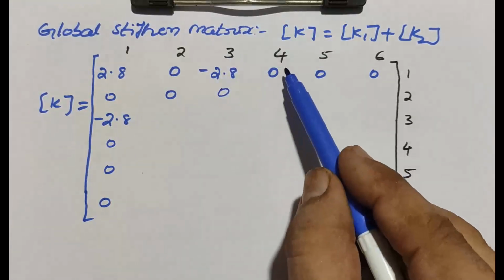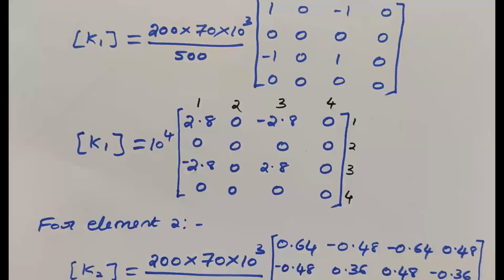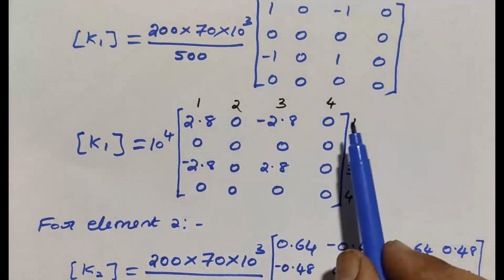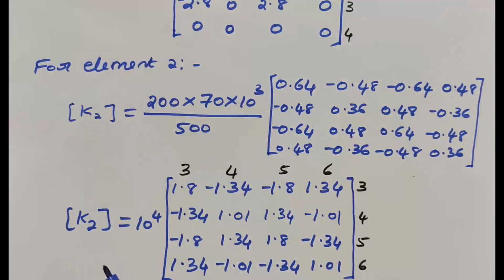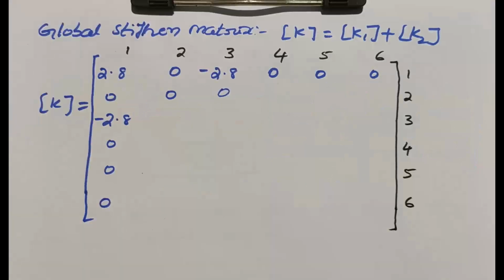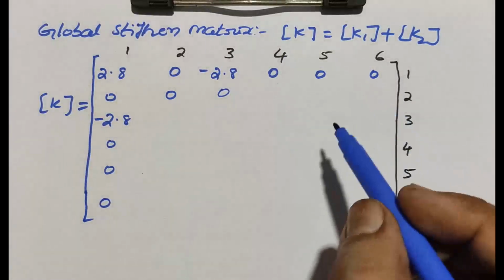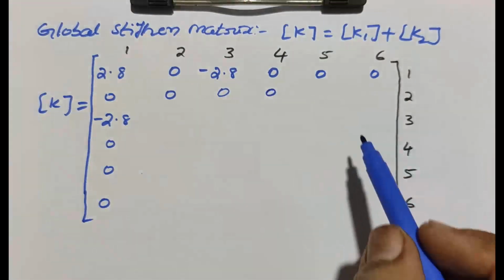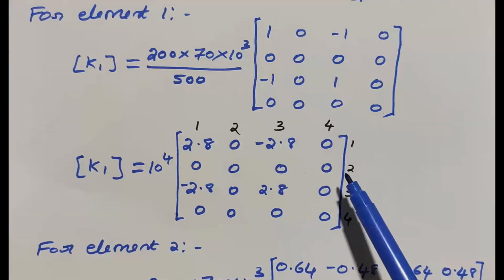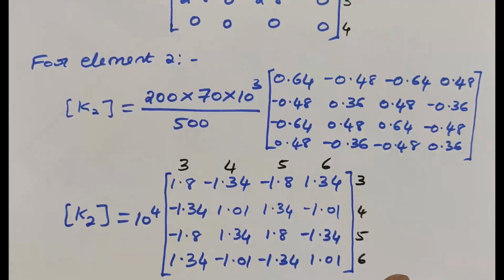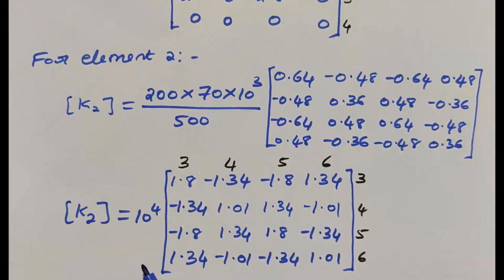Next we need the element corresponding to 4 and 2. See, in K1 the element corresponding to 4 and 2 is 0. But in K2 we don't have any element corresponding to 4 and 2. So the element corresponding to 4 and 2 is 0. Next we need the element corresponding to 5 and 2. See, in K1 we don't have any element corresponding to 5 and 2. Similarly in K2 also we don't have any element corresponding to 5 and 2.